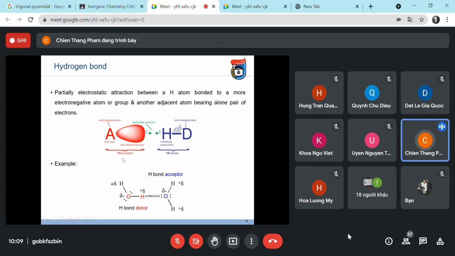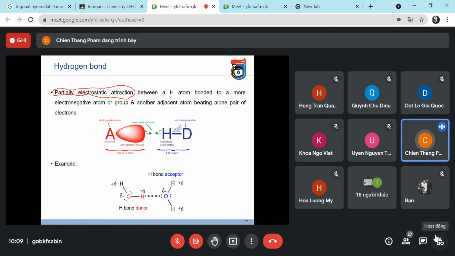First, maybe we spend a little time on the definition. The hydrogen bond is a partially electrostatic interaction. It is electrostatic interaction, however it's only partially.